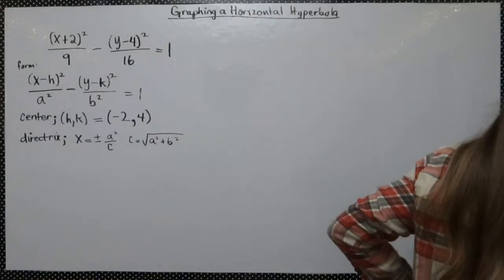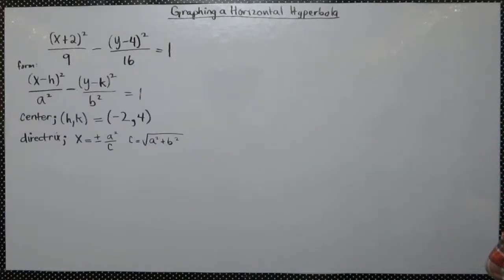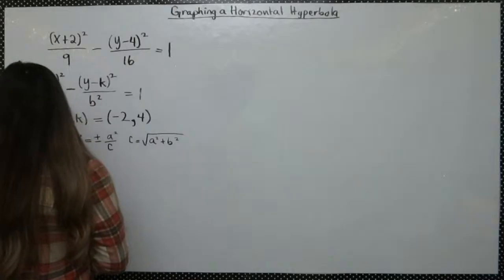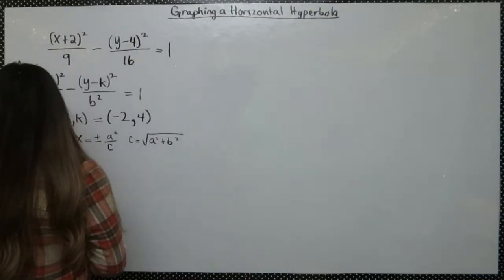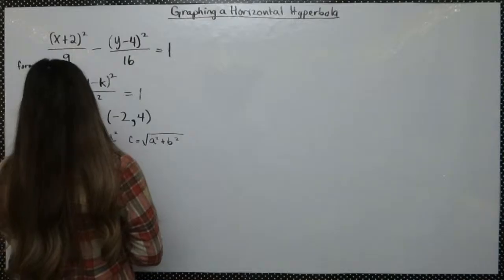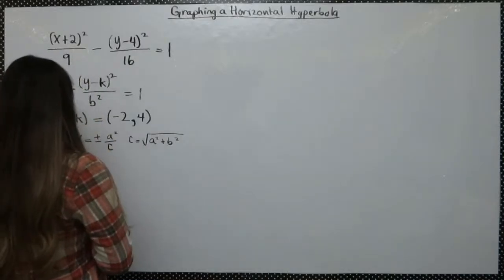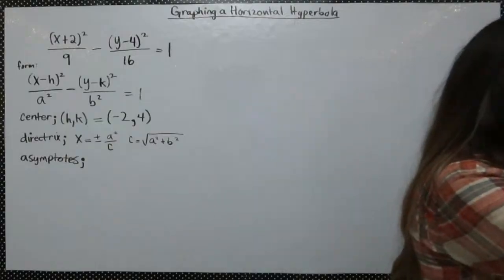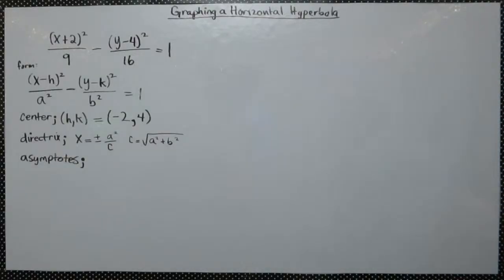Then you have, should we put the rest of these up here? That was the hardest one. The other one is the asymptotes, so we'll put that up here. There are two asymptotes that form a perpendicular intersection at the center, I discovered, with these hyperbolas.